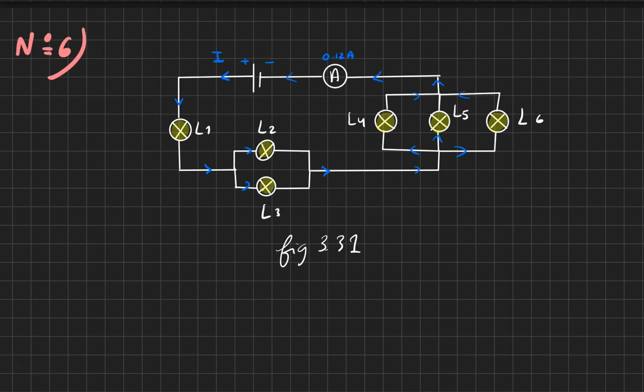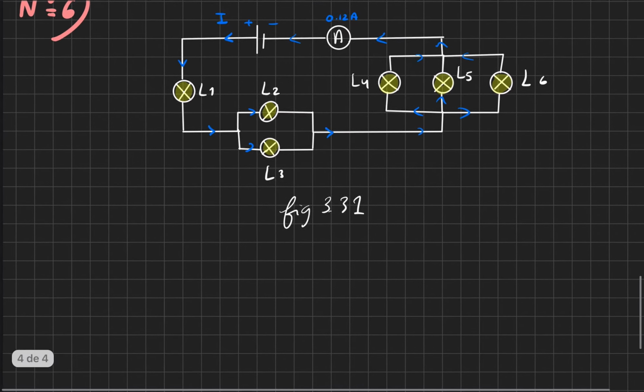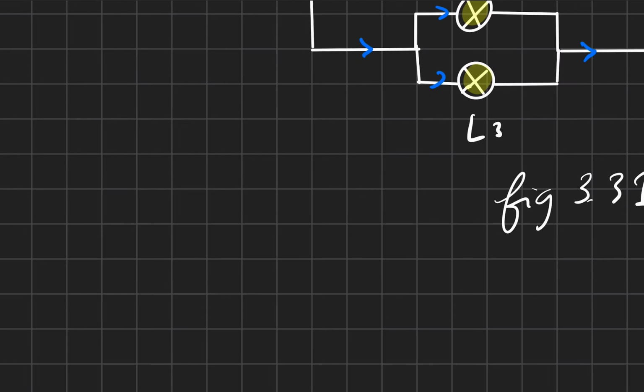Let's choose another color to find the value of each current. The current that's supplied by the generator is the same current that's going to go back into the generator, because into the generator and out of the generator is going to be the same. So the current I passing through L1 is 0.12 ampere. Okay, because they're all in series.